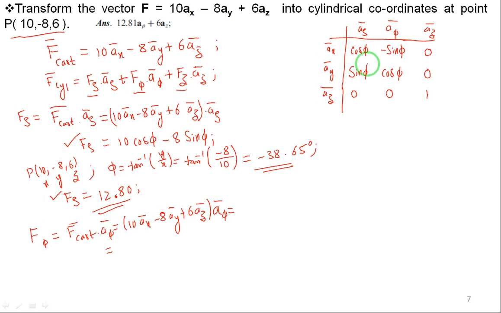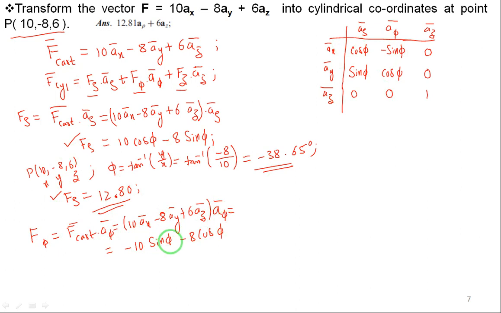Ax dot A phi is minus sin phi. So minus 10 sin phi. Next, minus 8 is there. Ay dot A phi, just check from this table, is cos phi. So minus 8 cos phi I will get. Next, plus 6 is there. Az dot A phi, check the table, is 0. Right? So I will not write it.